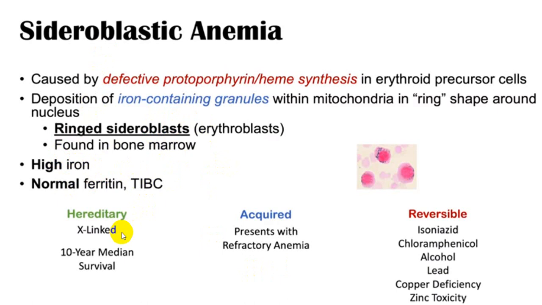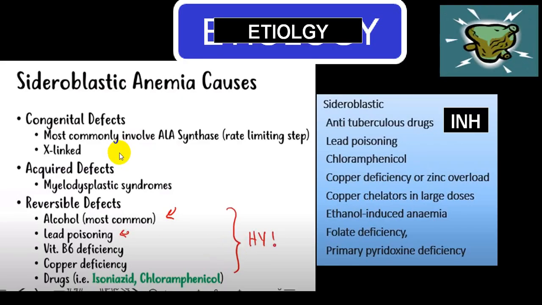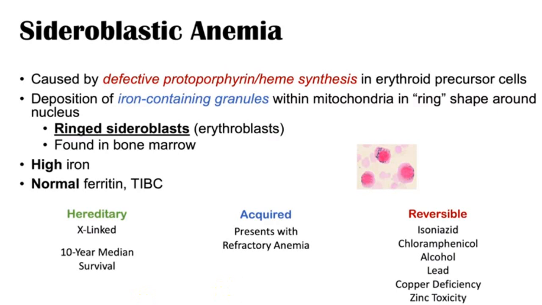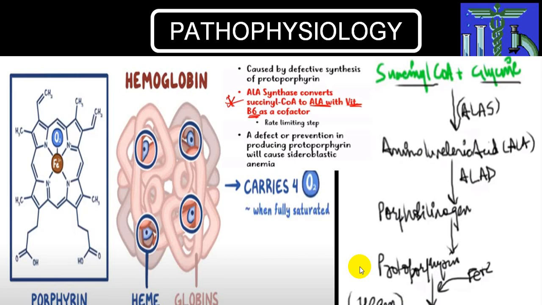And if you do a genetic study, it is an X-linked disorder. Among the acquired group, we already mentioned myelodysplastic syndrome and reversible conditions. In reversible conditions, isoniazid, alcohol, lead toxicity, copper deficiency, and even hypothyroidism are included.